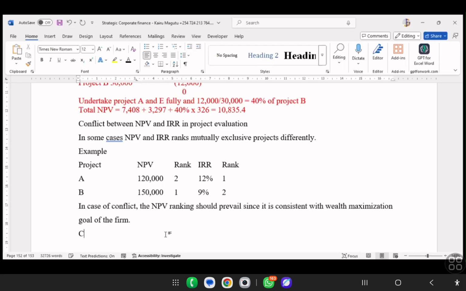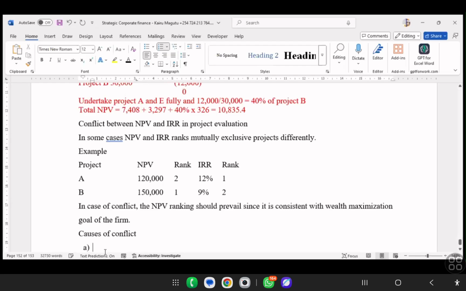Now, causes of conflict. What causes the conflict? There are four scenarios that cause the conflict between IRR and the NPV.